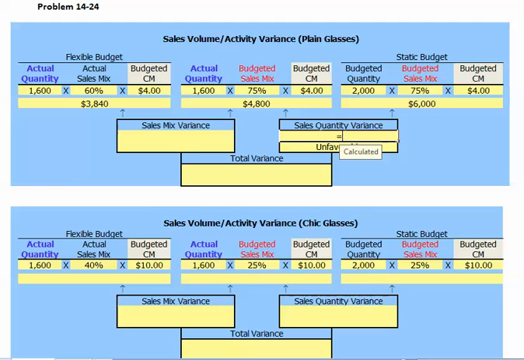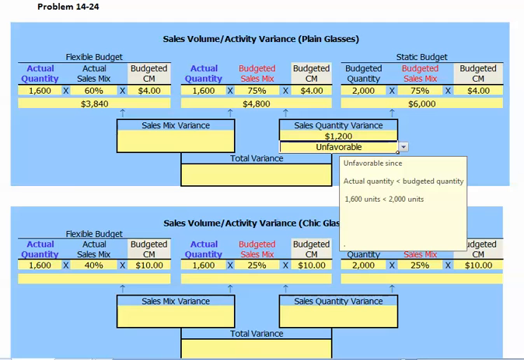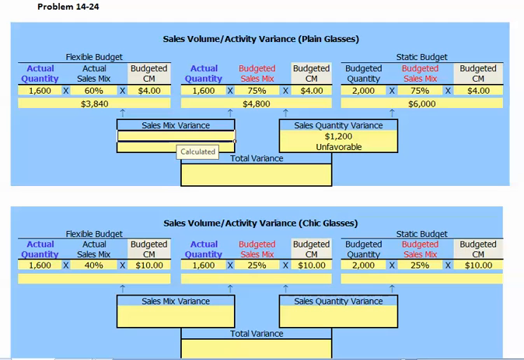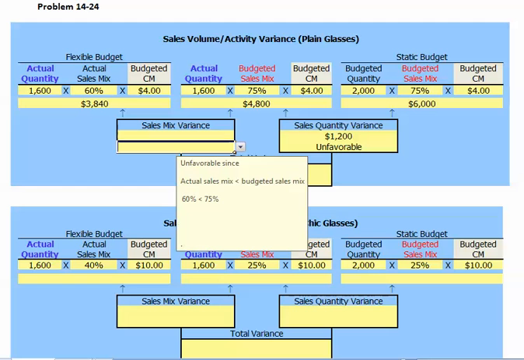And the amount of that unfavorable variance is the difference between the 6,000 and the 4,800. And again, the only difference there is the difference in quantities, the 400 fewer glasses times 4 times 75%. For sales mix, our sales mix for the plain glasses is unfavorable.